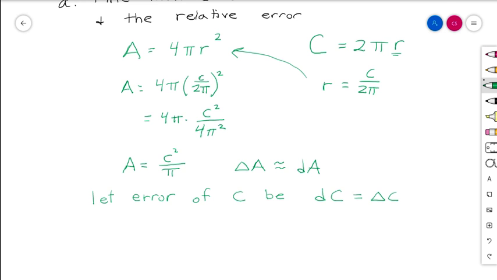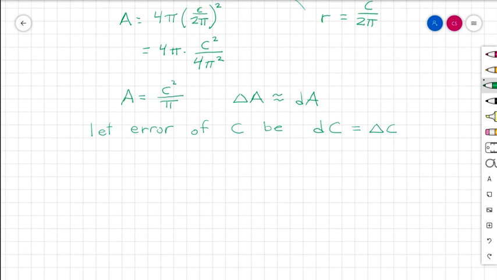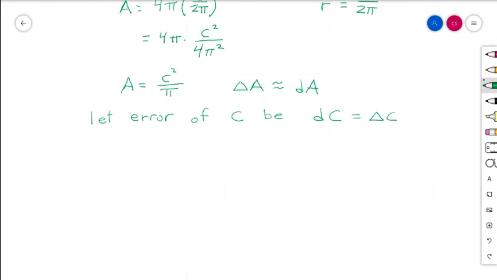Okay, and so here's what we have. We know that delta A is approximated by the differential, and the differential is equal to A prime dc. So if we look at A prime, here I'll switch colors to break up all that green.